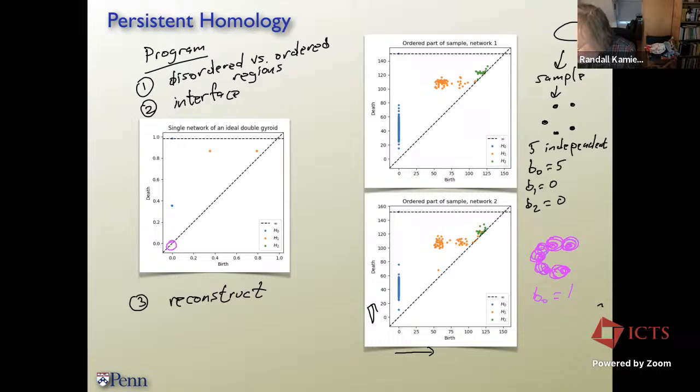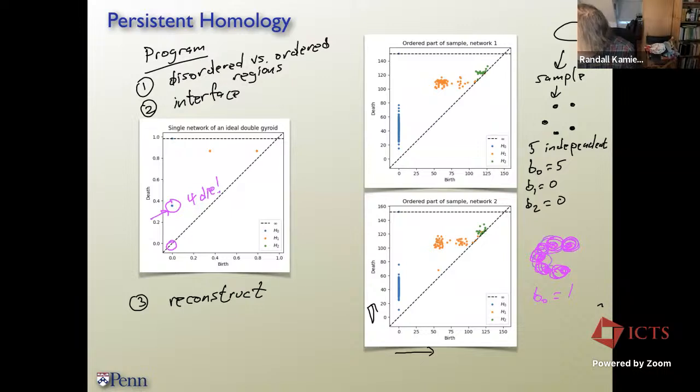And then at some height, when the radius of the disk gets big enough, they all die. 4 die. And this is the death of 4 of them in this particular picture.